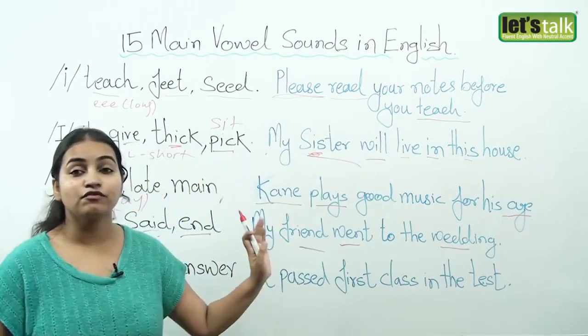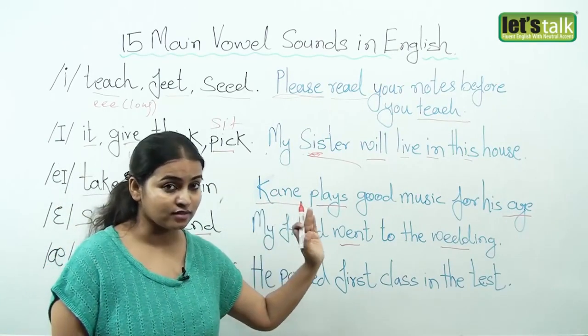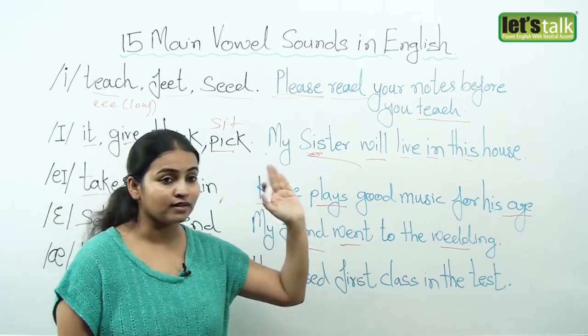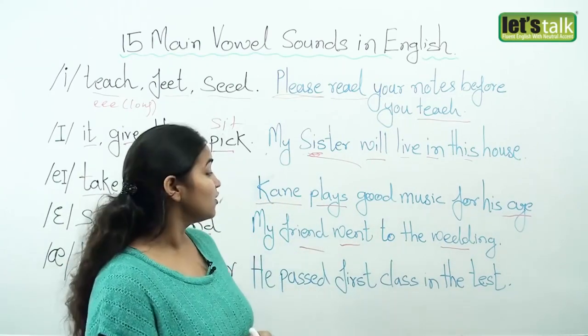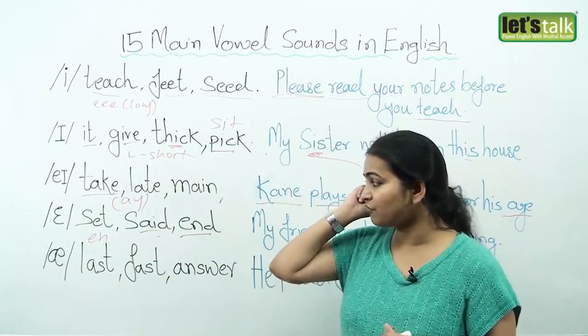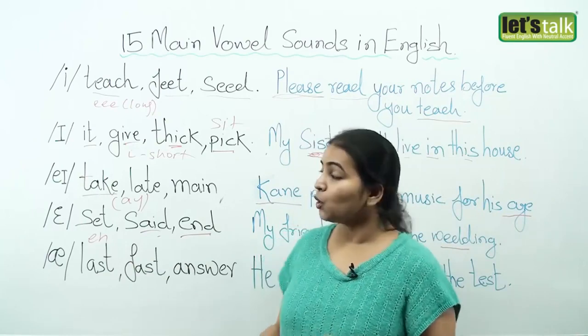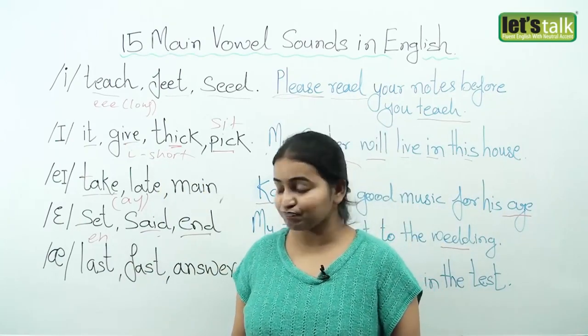So, my friend, the eh sound, went, to the wedding. That's right. So this is the symbol and the sound you've got to identify. The eh sound, which is very different from the A sound or the short I sound.